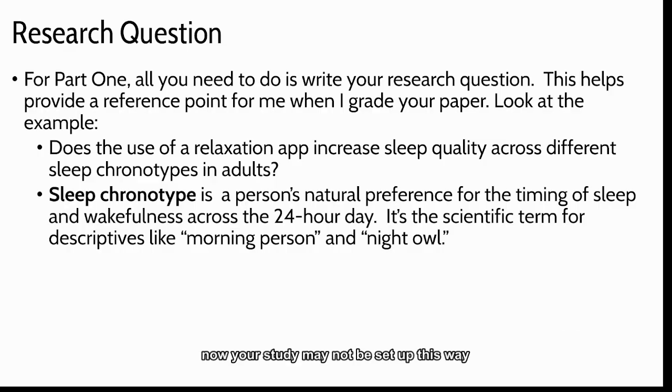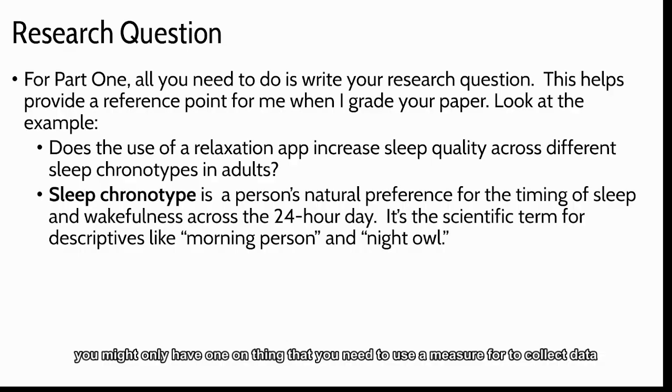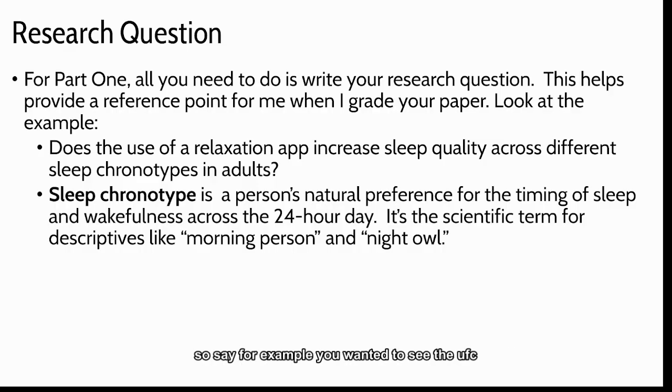Now, your study may not be set up this way. You might only have one thing that you need to use a measure for to collect data. So say, for example, you wanted to see the effect of caffeine on sleep quality. Caffeine is what you're going to be using for your independent variable, and you don't need any sort of measure to classify that.